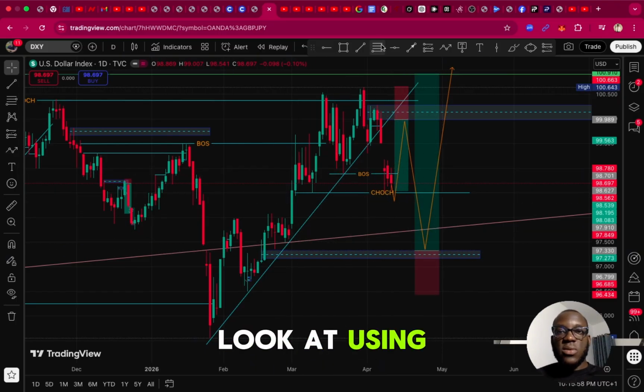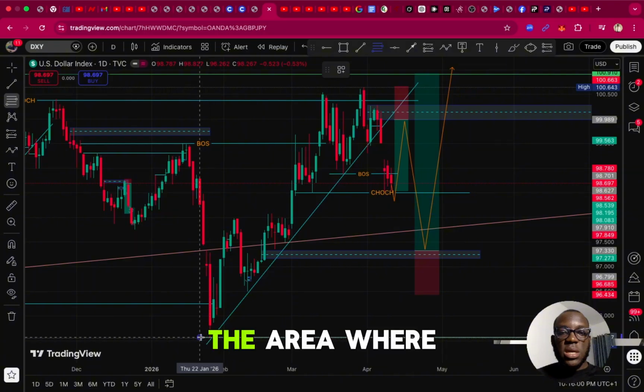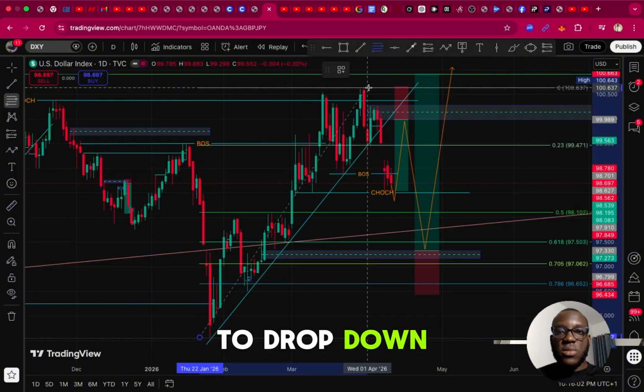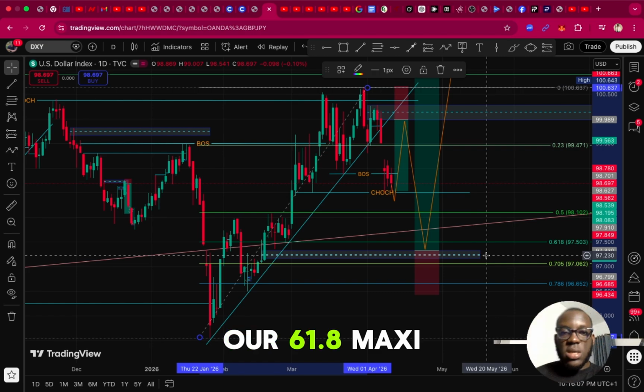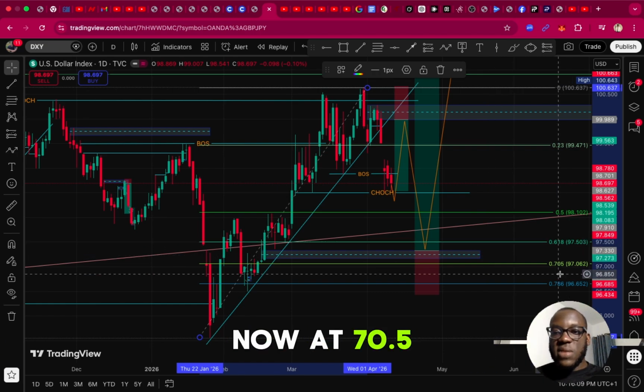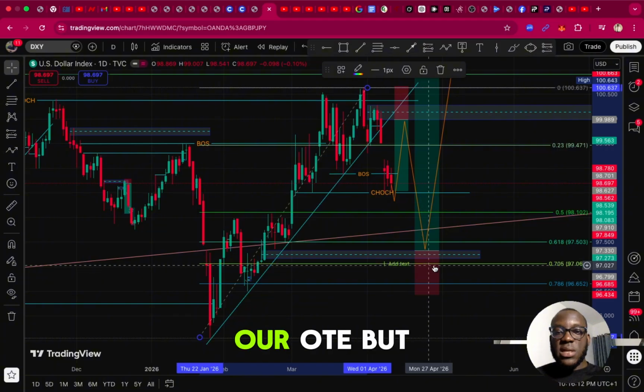And when you use a Fibonacci to check the area where I'm expecting it to drop down to, looking at around our 61.8, maybe now at 70.5, that is our OTE.